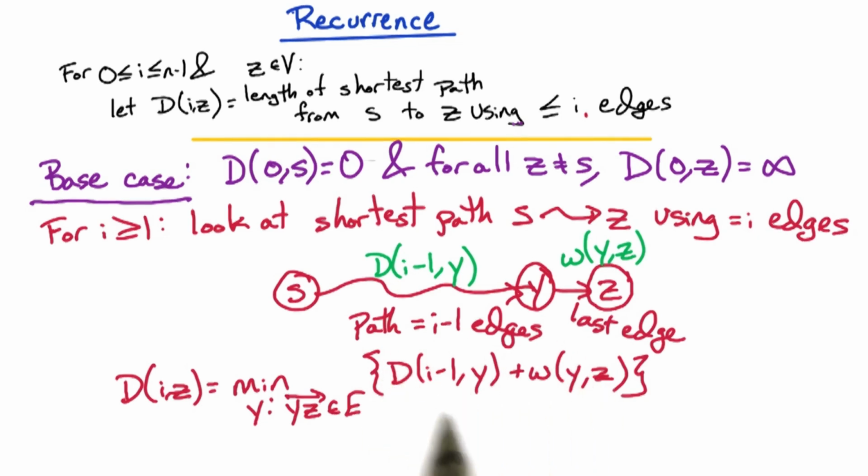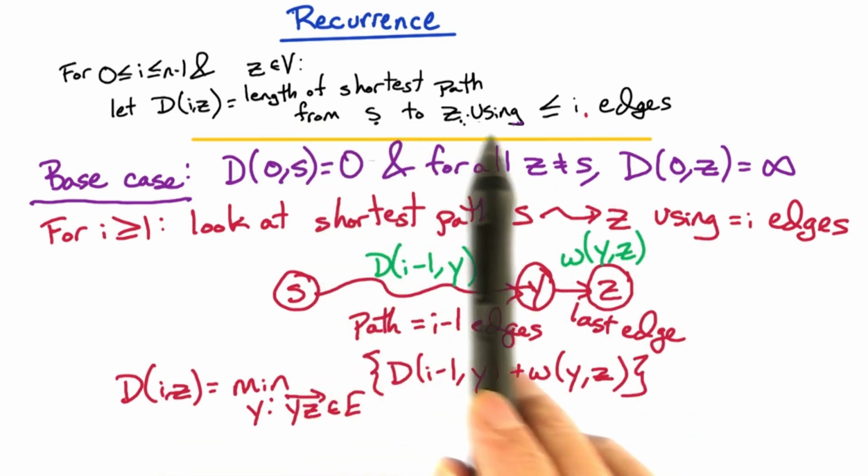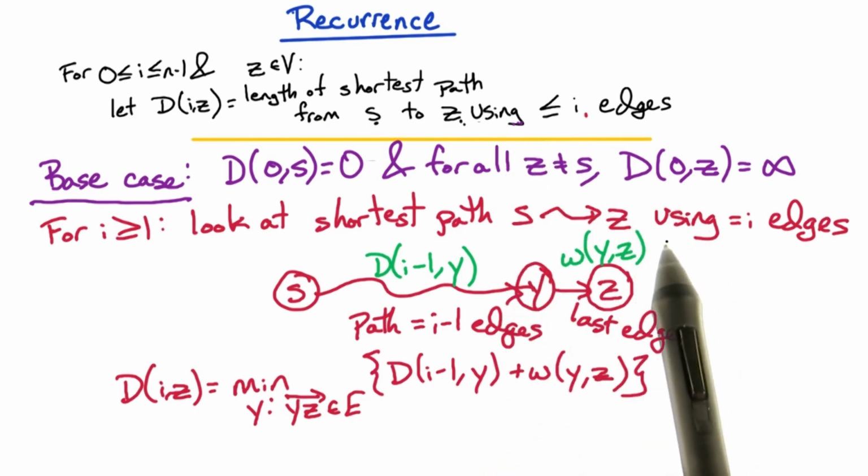We're going to take that sum, which is the total length of this path from s to z going through y, and minimize over the choices of y. The best choice of y is going to give us this value d of iz. This gives us a valid recurrence when the subproblem is defined as the length of the shortest path from s to z using exactly i edges.